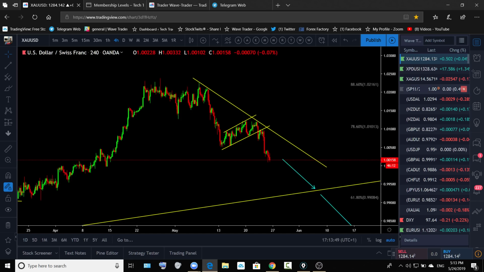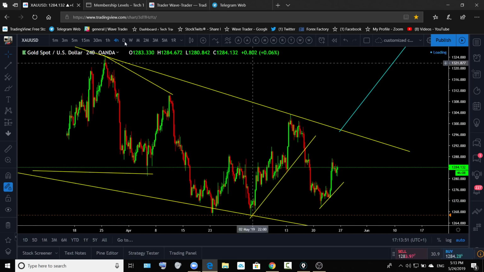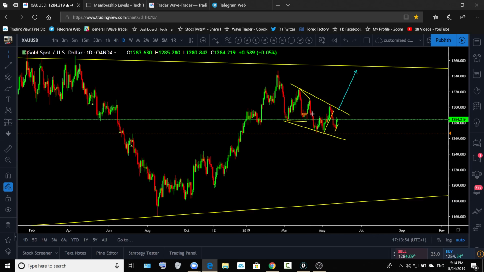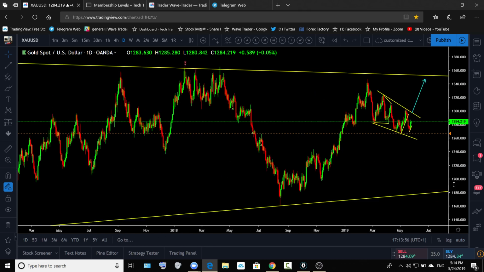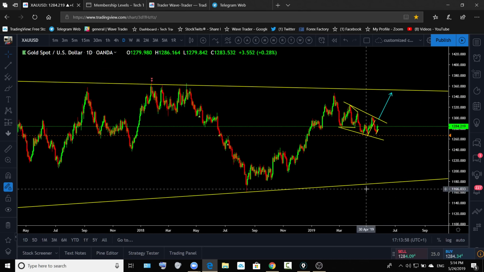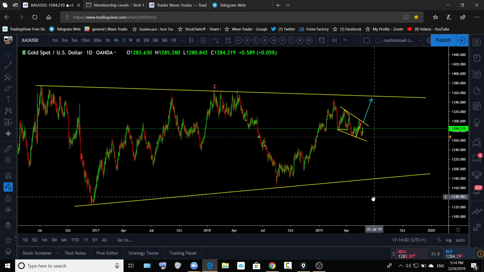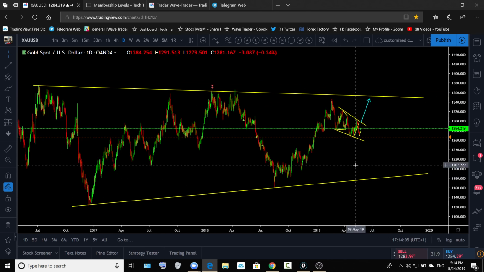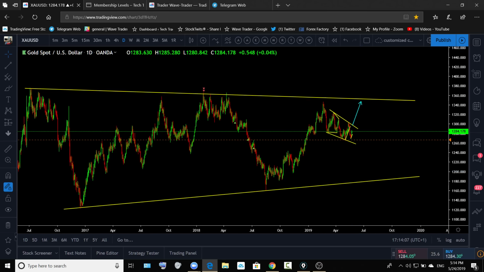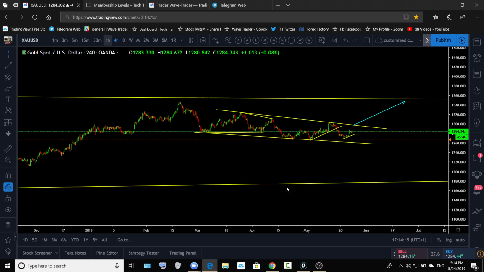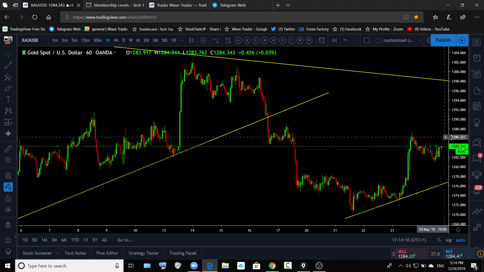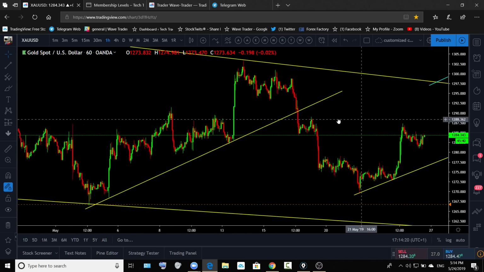And gold, so gold to go higher for one more up move. Gold to go back up for one more up move. So this wedge to break up, go for one more up move and then drop. We are looking for this to continue to go higher, and it is forming a correction.